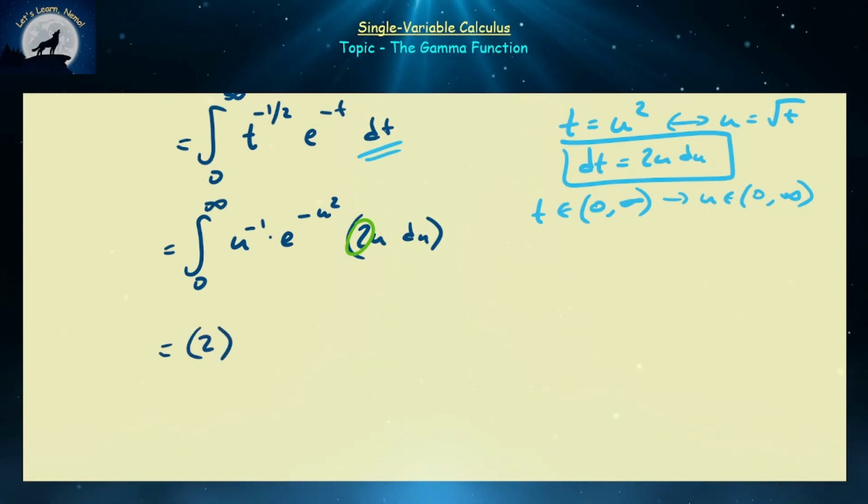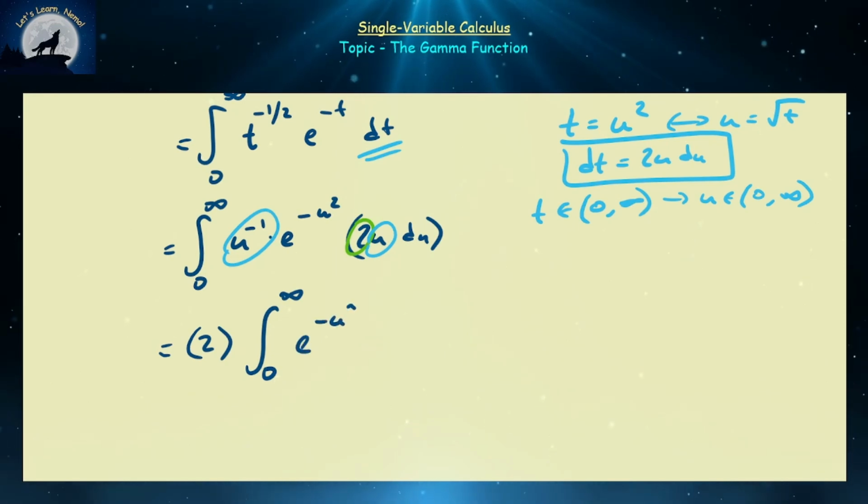We also notice that we have u to the minus 1 times u, which is a removable discontinuity at 0, but that's not really an issue because it's on the left bound of our integration, so it doesn't even need to be considered as long as it's not a vertical asymptote in terms of u, which it is not. And then we can rewrite this in a simple way as 2 times the integral from 0 to infinity of e to the minus u squared du.